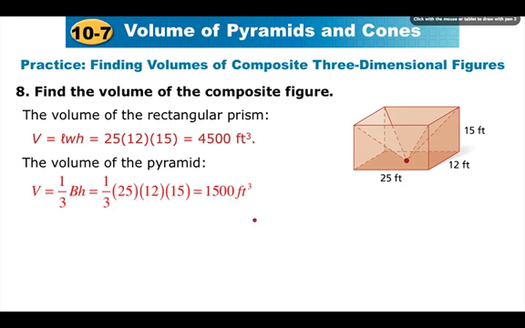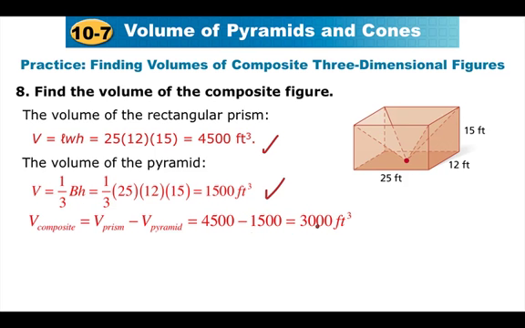Now at this point, all you're going to do is to actually find the volume of the composite. You're going to take these 2, and you're not going to add them. You're actually going to subtract them because the pyramid is missing from the inside of the rectangular prism. And you end up with 3,000 cubic feet. And this concludes the video.